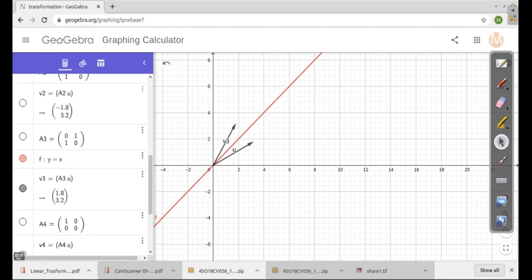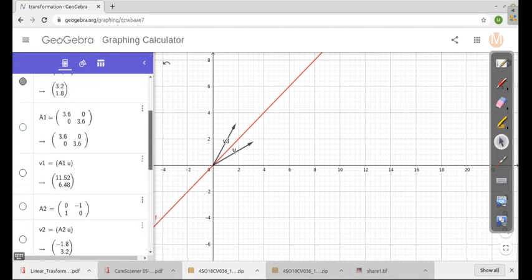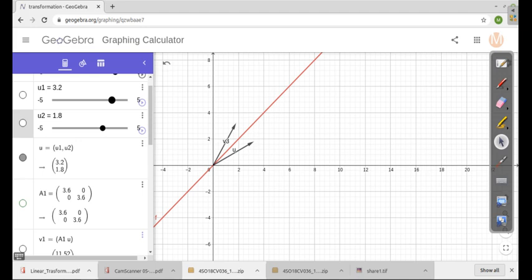So it is clear that the angle between the red line and u and the angle between the red line and v3 will be the same here. So if I change the value of u, the reflection also changes accordingly. You can see here I am just changing the value of u. If u becomes bigger, v also becomes bigger, and if u goes away, v also goes away.